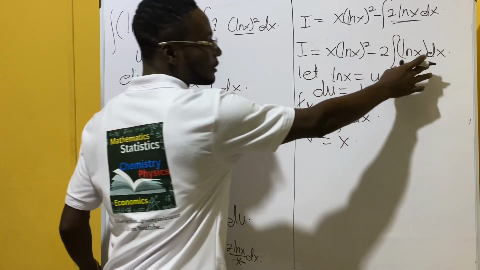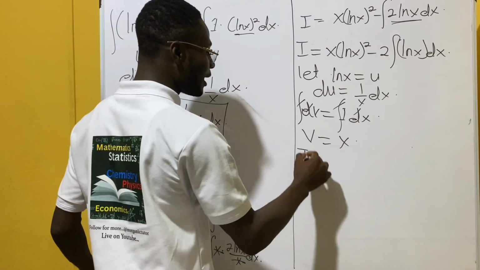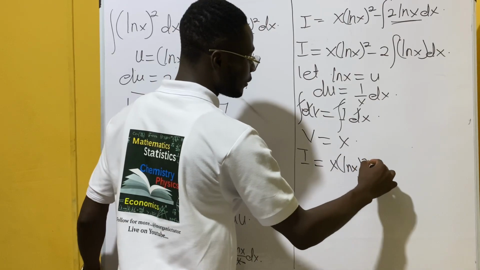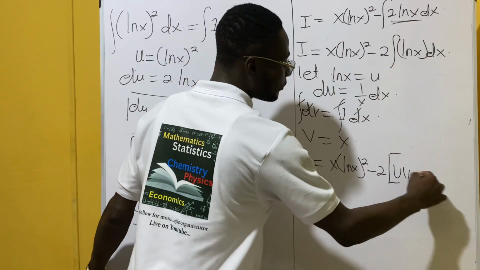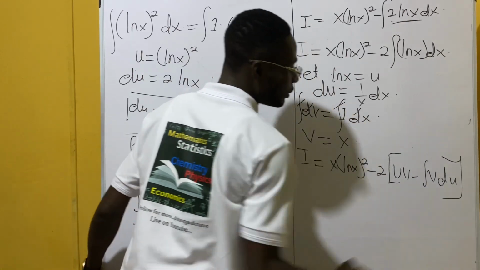Again, we substitute that into this. So we have I equals x ln x all squared minus 2 times uv minus integral v du.